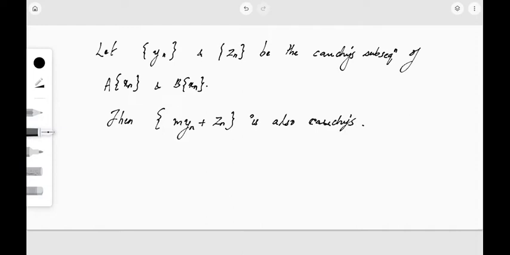So this myn plus zn will be a Cauchy subsequence, and of which sequence will it be? It will be a Cauchy subsequence of xn.